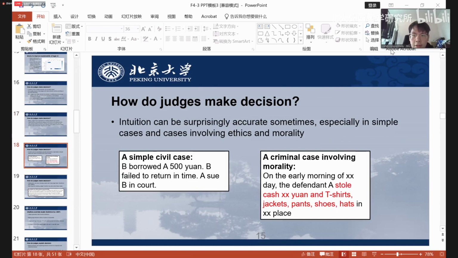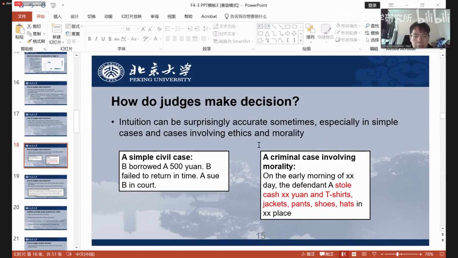There is also research showing that the intuition of judges can be surprisingly accurate sometimes, especially in very simple cases and cases involving ethics and morality. For example, we can look at the left side. It's a very simple civil case of lending money.